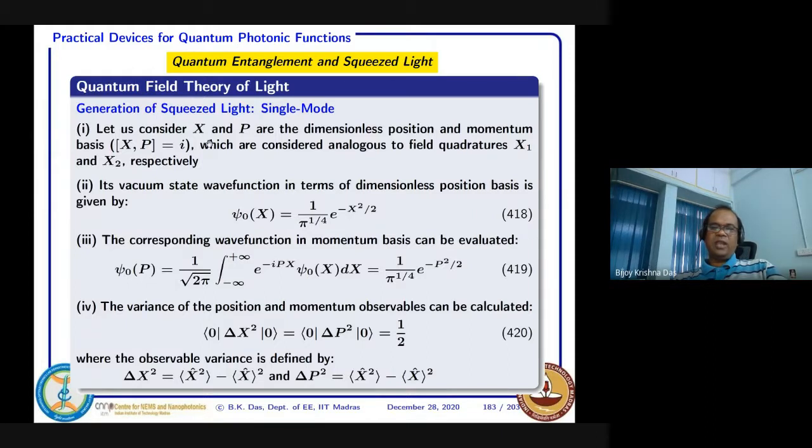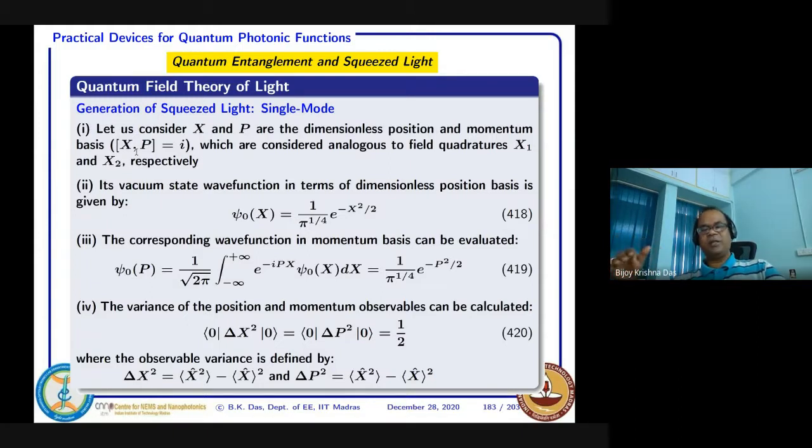Let us consider X and P as the dimensionless position and momentum of any quantum particle. When I consider position and momentum, that means we consider a quantum particle, right? And since it is dimensionless, if you try to commute them, then the commutator is i; normally it is i h-bar. So you can set it dimensionless, similar to how we converted the electric field into dimensionless form.